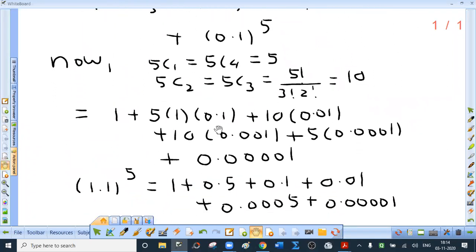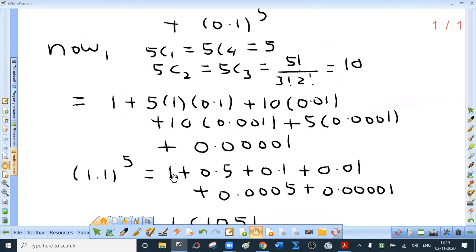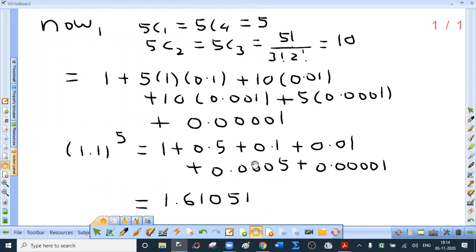So 1.1 raised to 5 is 1 plus 0.5 plus 0.1 plus 0.01 plus 0.0005 plus 0.00001. So finally 1.1 raised to 5 is 1.61051.